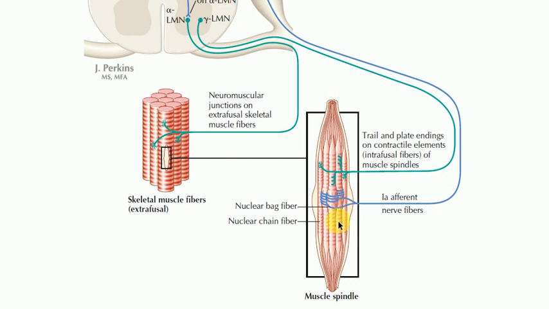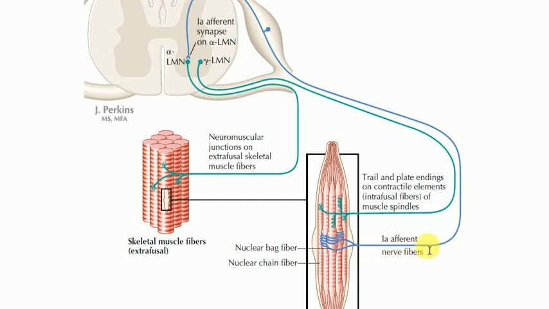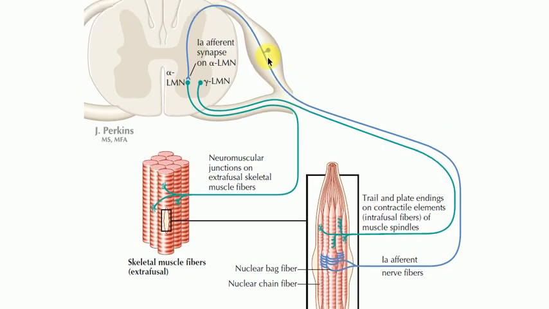And this is how it is done: the sensory neurons innervate the intrafusal muscle fibers inside the muscle spindle, and they take the information back. The 1A afferent fibers shown in the blue over here take back the information to the dorsal root ganglion. As you can see over here, this is the dorsal root ganglion.